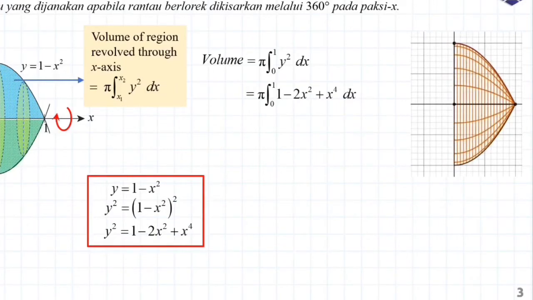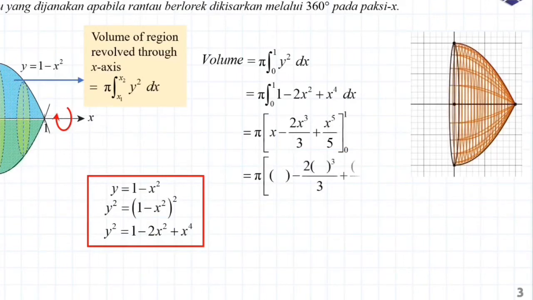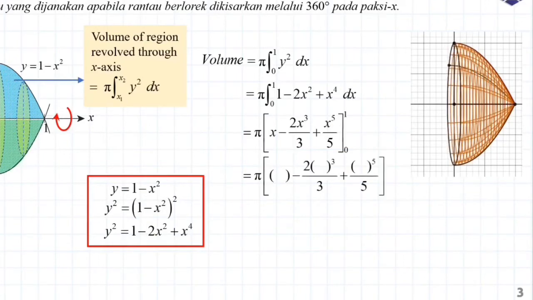So okay, when you integrate, your 1 will give you x, the minus 2x squared will give you minus 2x cubed over 3 plus x to the power 5 over 5. Okay, then you substitute the limit carefully. Always substitute the upper limit followed by lower limit.